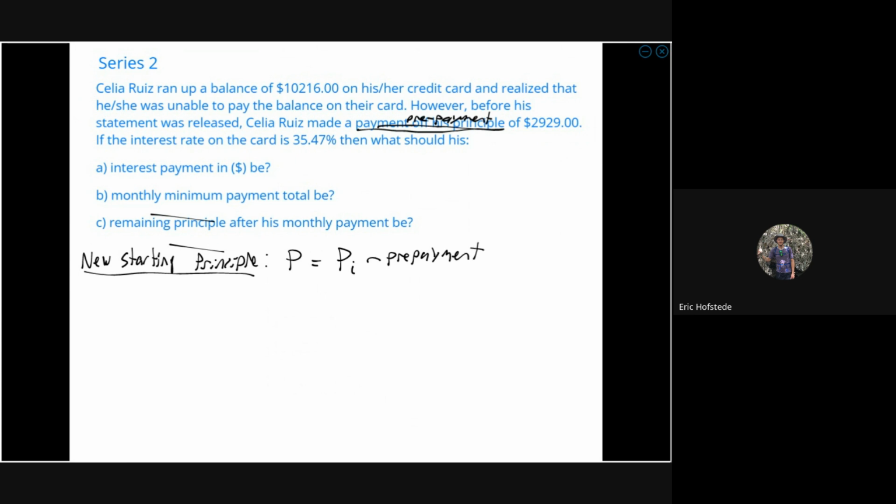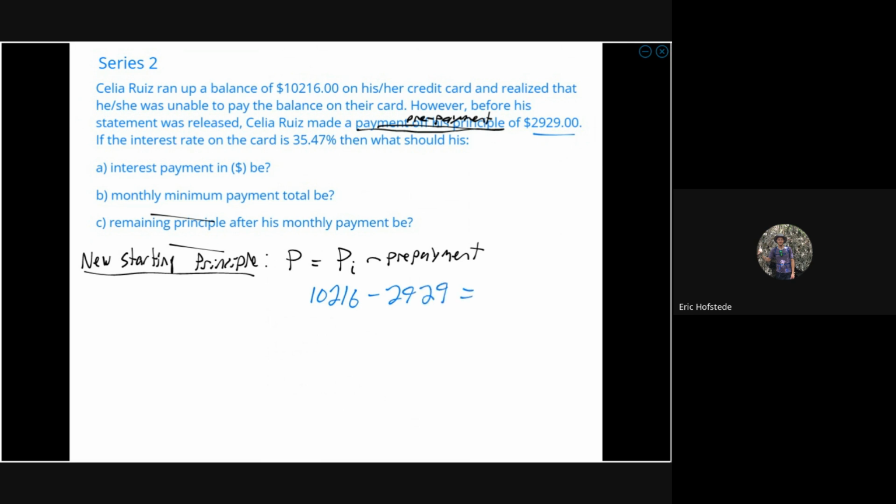So in this case, pretty straightforward. We are given an initial balance. So let's throw that in our equation. $10,216 minus my prepayment of $2,929.